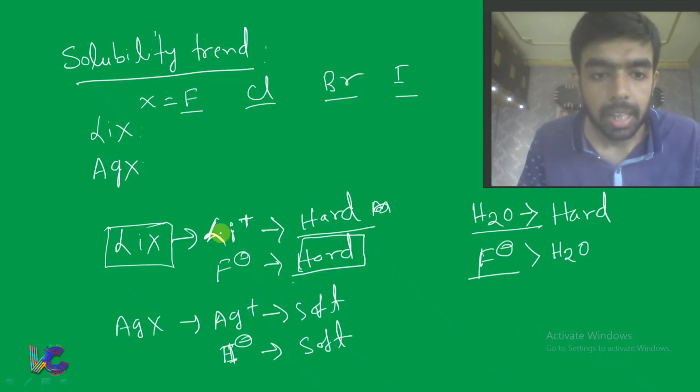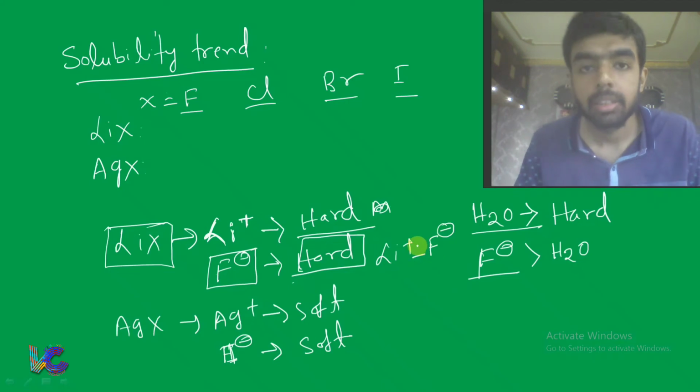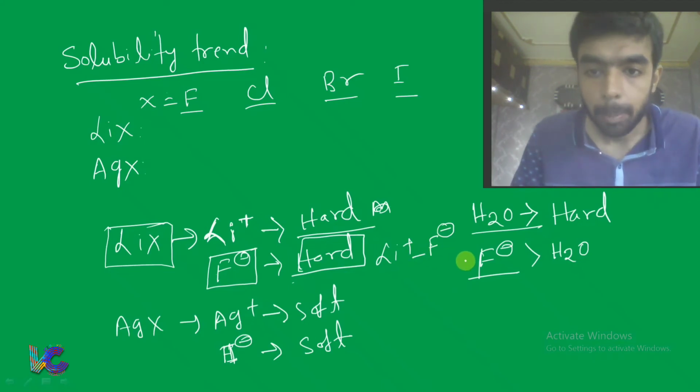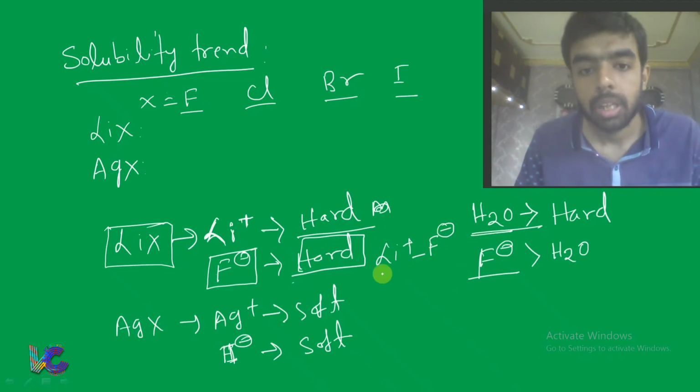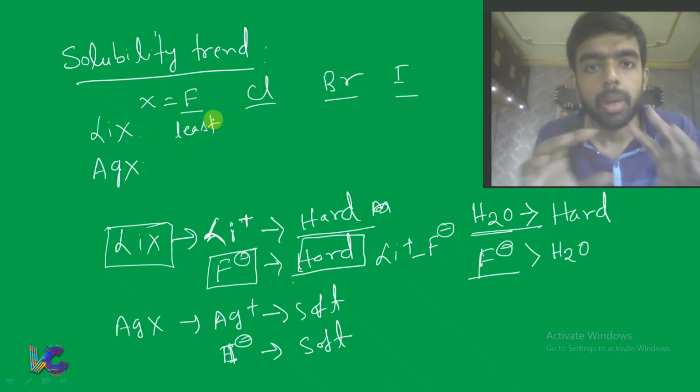That means Li+ will prefer to combine with F- and not with H2O. As Li+ will prefer to combine with F- and not with H2O, the solubility of LiF will be least, because it is not combining with H2O.